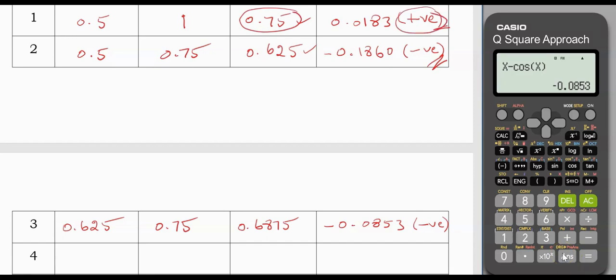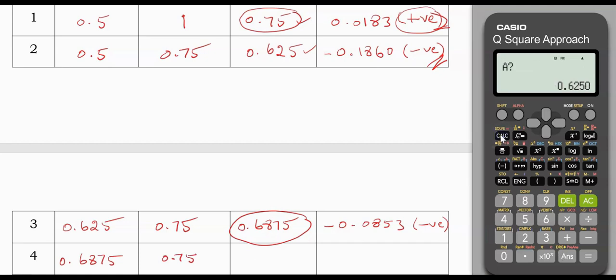So the root lies between 0.6875 and 0.75. From the calculator, A is 0.6875 and B is 0.75.